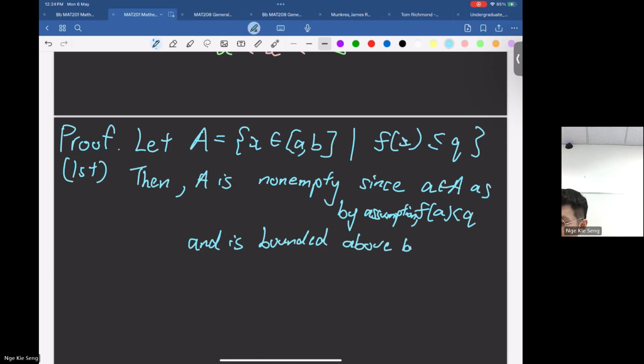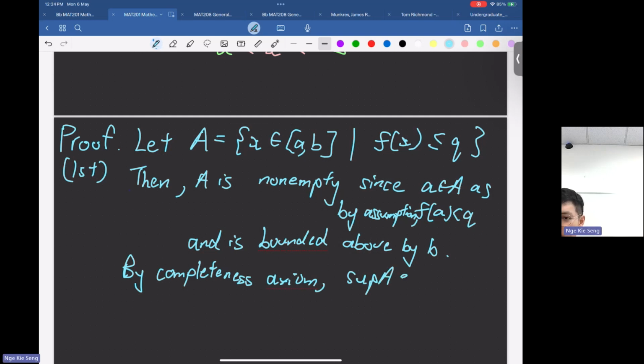So this is a non-empty bounded above subset of the real numbers. So by the completeness axiom, sup A exists. Okay, sup A exists.